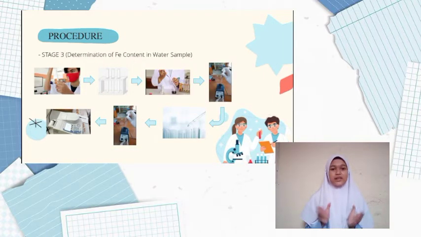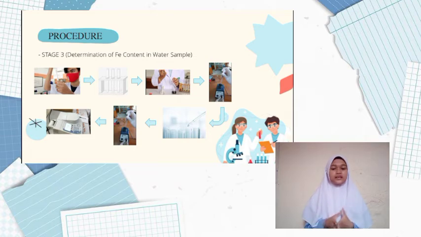Okay, the last stage is determination of FA content in the water sample. Firstly, pipette 10 ml of aqua with a measuring pipette. Then put it into a test tube and add 0.25 ml of 0.01 normal H2SO4 and KMnO4 solution with a dropping pipette.